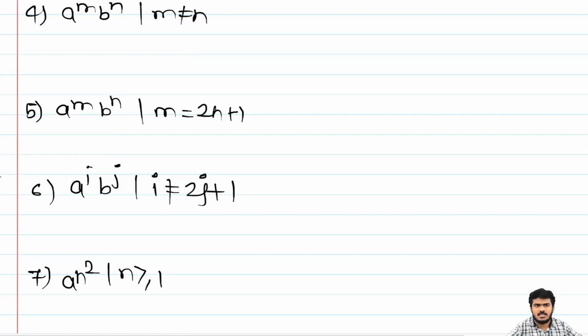The next language is a raised to the power m, b raised to the power n, where m is not equal to n. Whenever we have to check m is not equal to n, we need memory, so we need a stack. What we will do is push a's into the stack, and suppose b is the input and we are left with z naught after popping a's, then we can say that m is not equal to n.